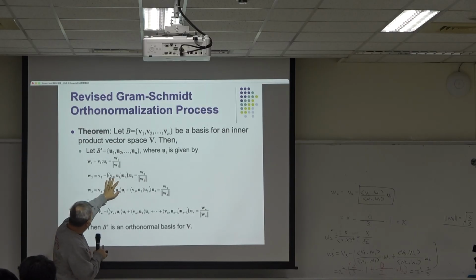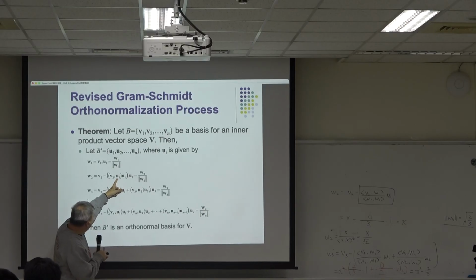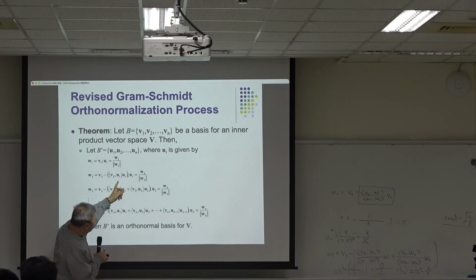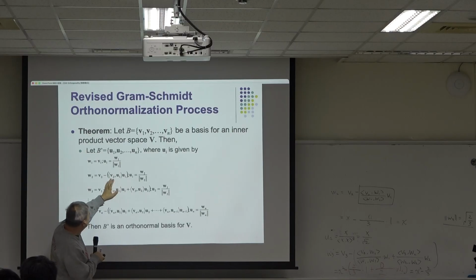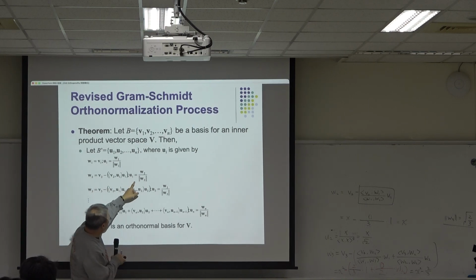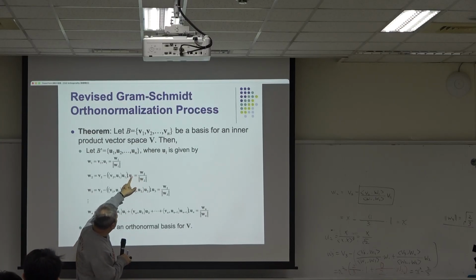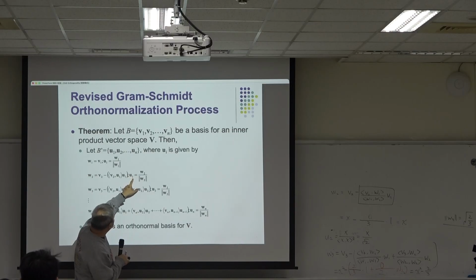Be very careful. We use U here instead of W1. That's why we don't need to divide by W1 inner product W1 here, because it's a unit vector now. Once we get W2, U2 is W2 divided by the norm of W2.